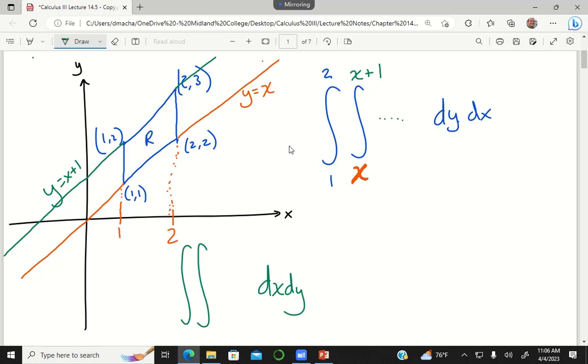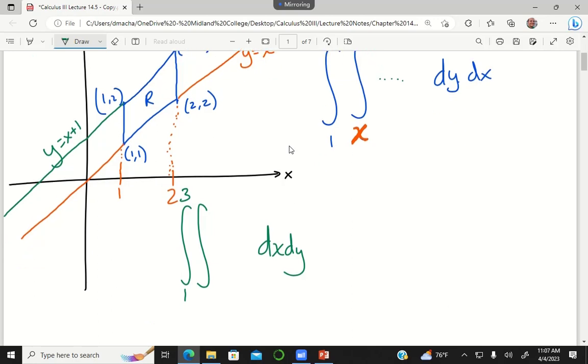The lowest value I can take on for my y variable would be 1, right? And then the highest value I could take on for my y variable would be 3. So since y is now my outside integral, then the bounds would be 1 to 3.